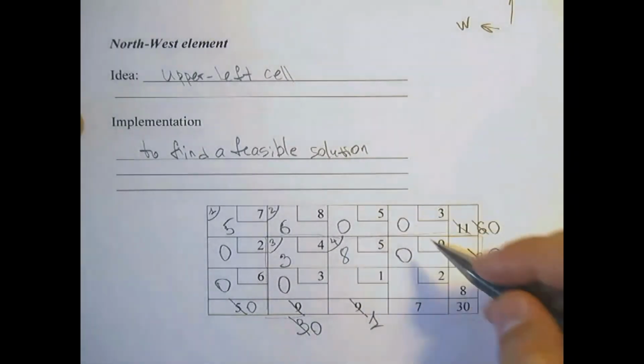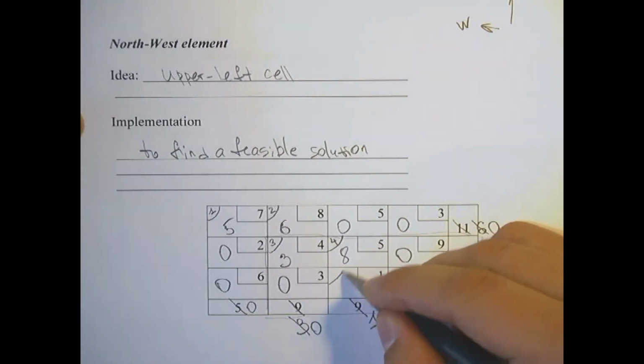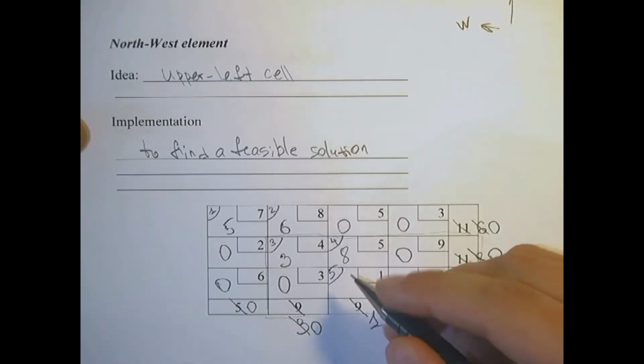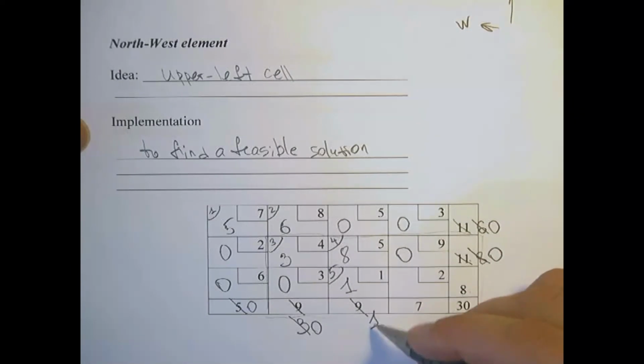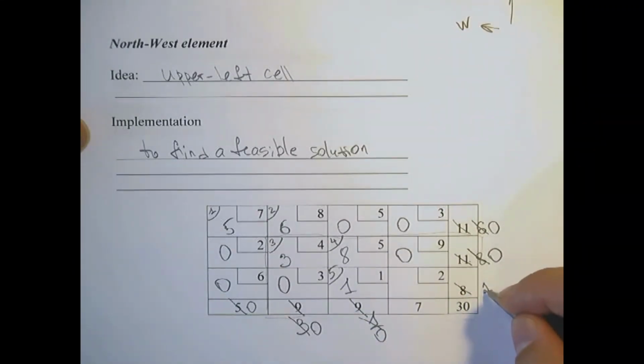The next upper left cell in the remaining table is this one, step number 5, and we deliver the minimum from 1 and 8, which is 1, and we correct our demand, it is 0 now, and we correct our supply, now it is 8 minus 1, which is 7.